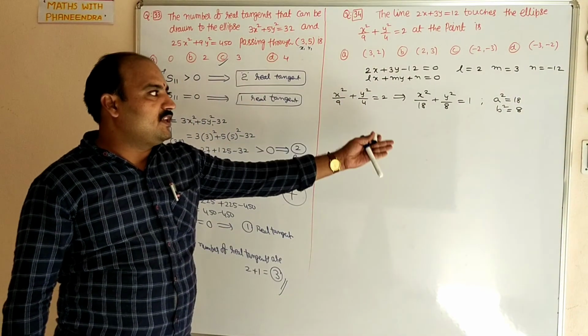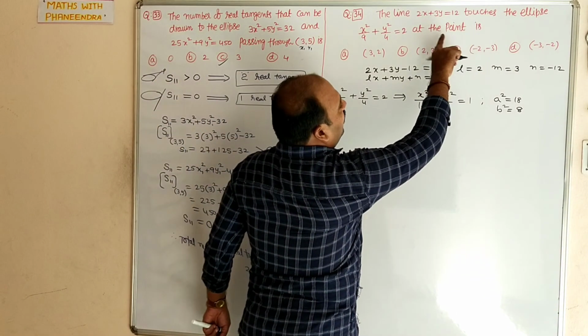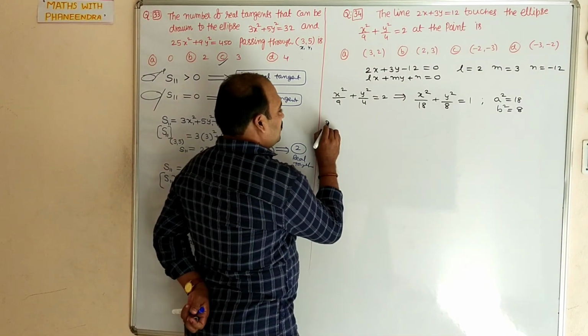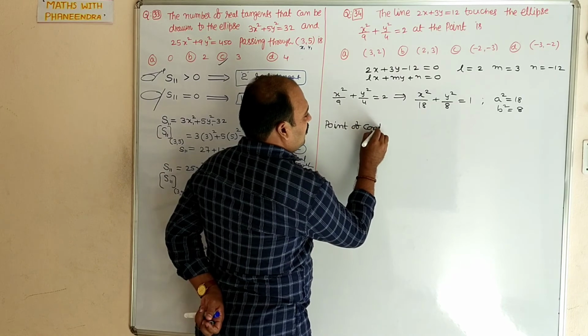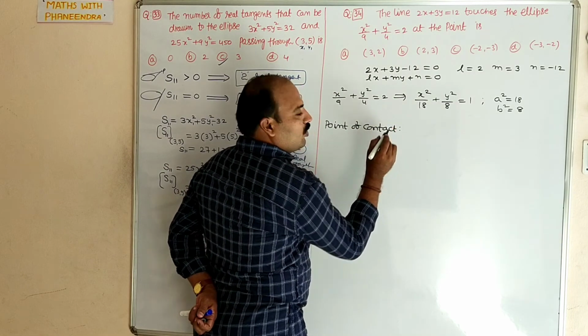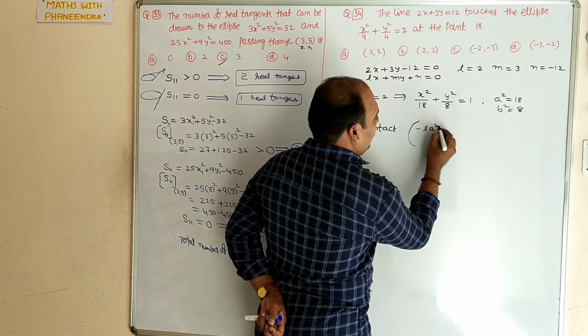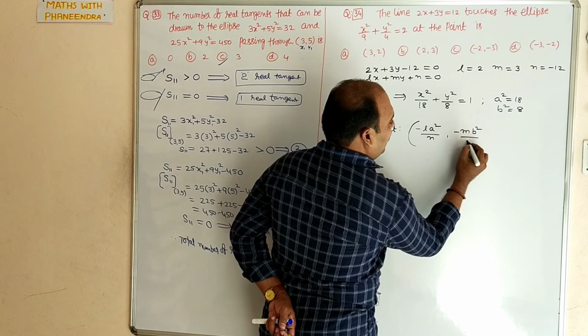After knowing these values, they are asking to calculate at what point, that means the point of contact. In the last video, I gave the formula: minus l a squared by n, minus m b squared by n.